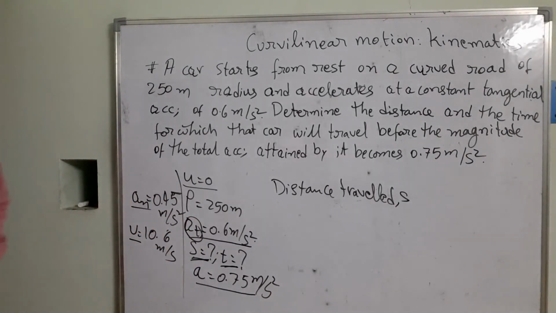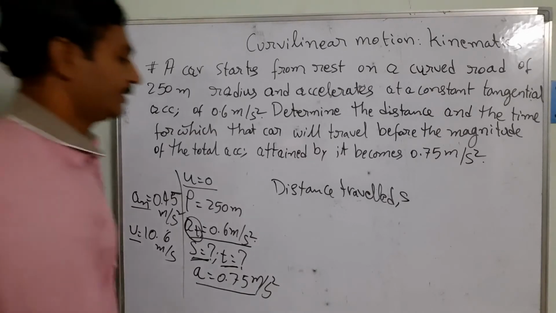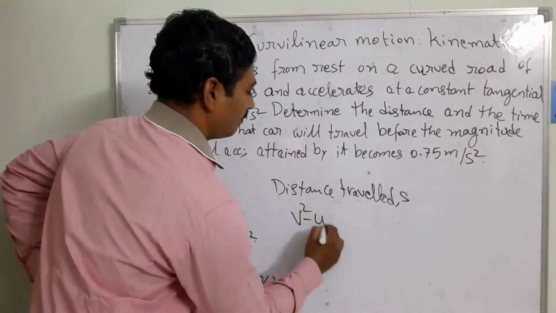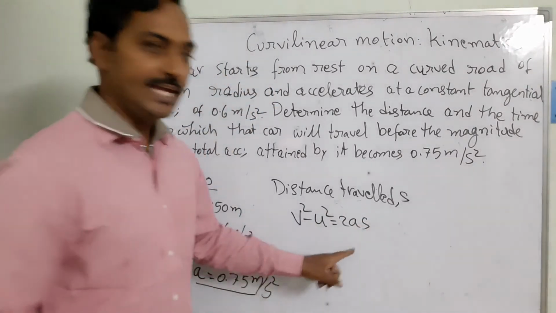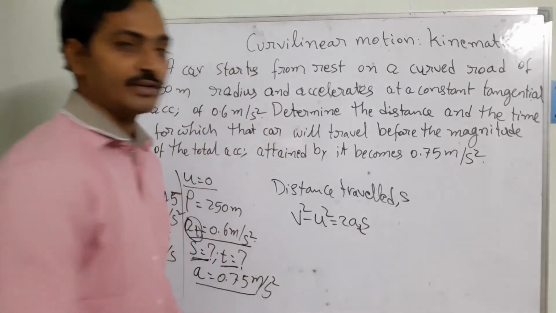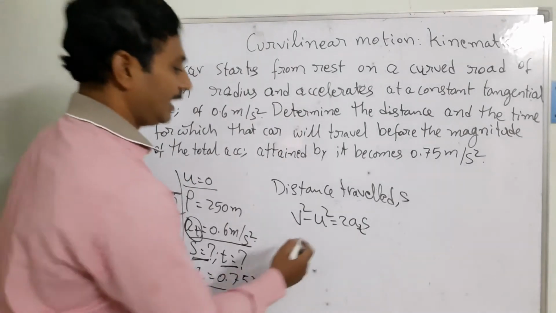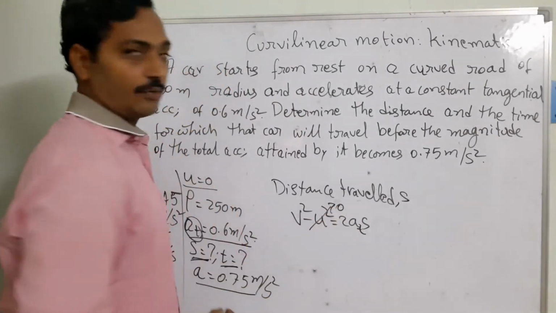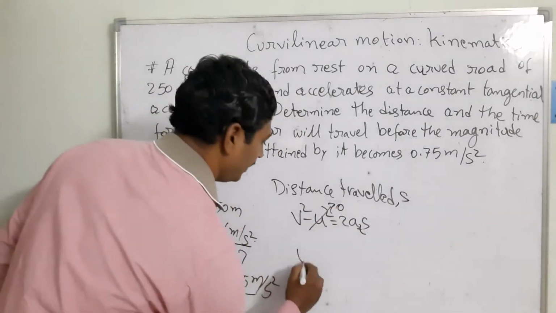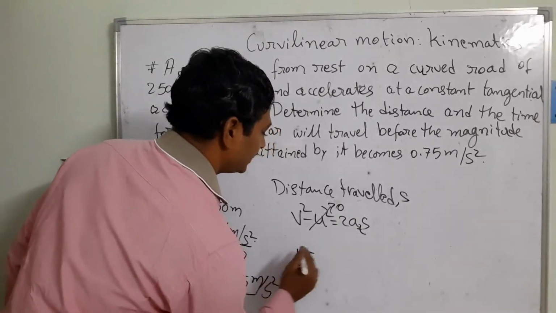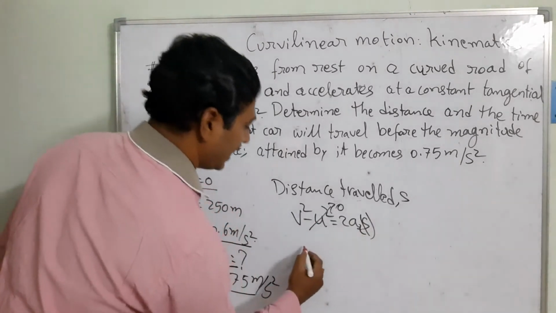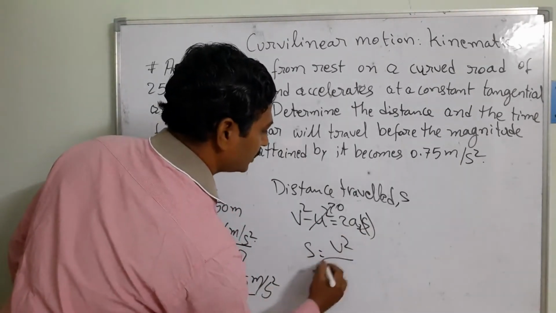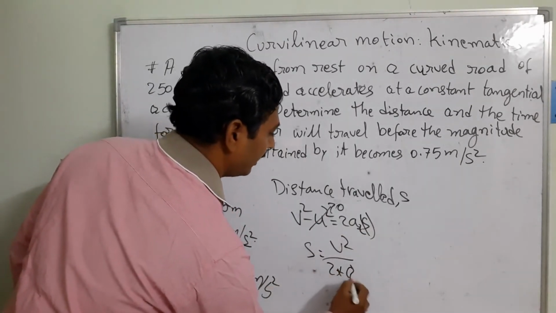So the equation we have is v square minus u square is equal to 2as. Here a is nothing but the tangential acceleration. u square is equal to 0, and v is available, and we need to find the s. S is equal to v square divided by 2 into at.